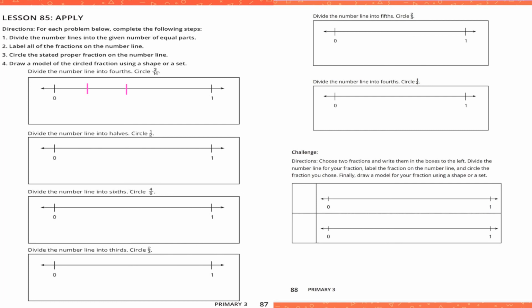Yes, 3 dashes. Step number 2, label each dash by its fraction. Finally, circle 3 over 4.